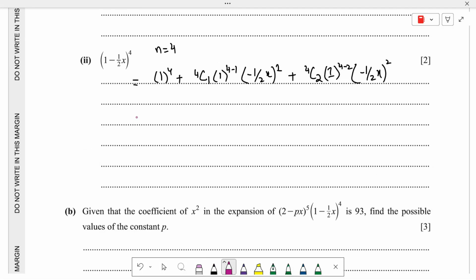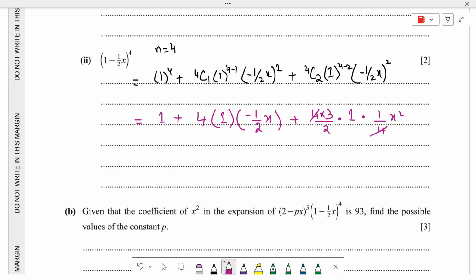When we solve it further, it will be 1 to the power of 4 is 1, plus 4 combination 1 is 4 times 1 cubed is 1 times negative half x, plus 4 combination 2 is 4 times 3 over 2 times 1 squared is 1 times half x squared is 1 over 4 x squared.